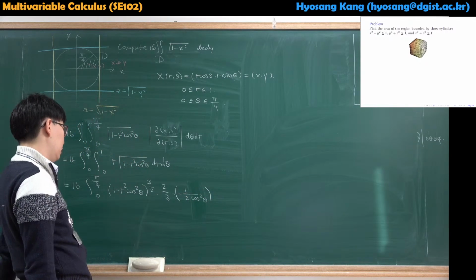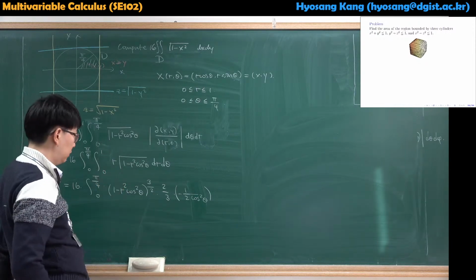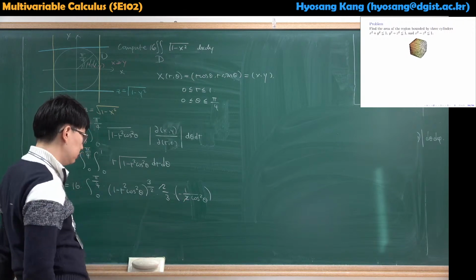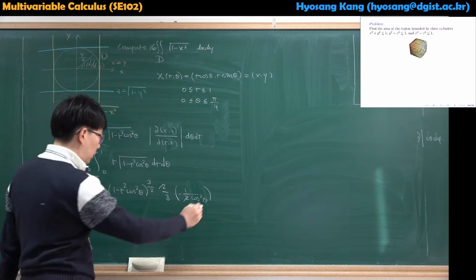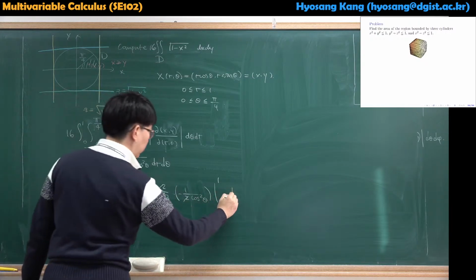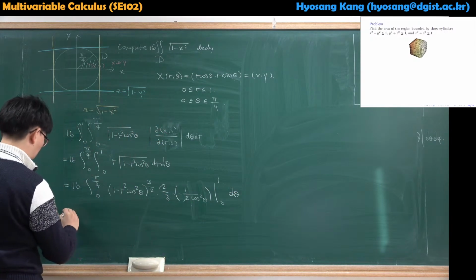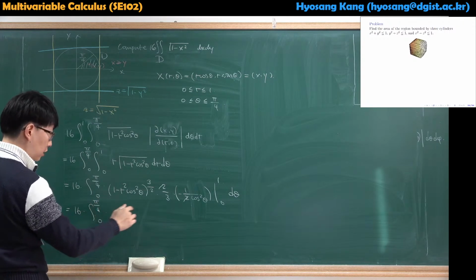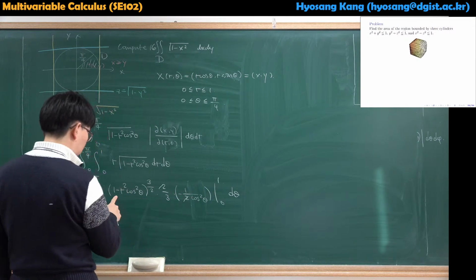Then I get this one, right? So canceling out 2 and 2. And this runs from 0 to 1 for r, d theta. So this is 16, integral from 0 to pi over 4. When r is 1, this is 0.